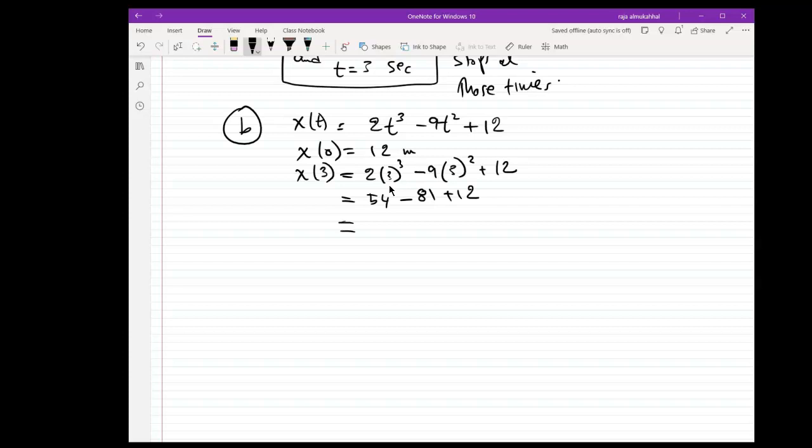I get negative 15. So the particle's position is negative 15 meters. In other words, here is the x-axis, if you will, here is x equals 0, and of course this is x positive here. So it's somewhere here, x equals negative 15 right here.